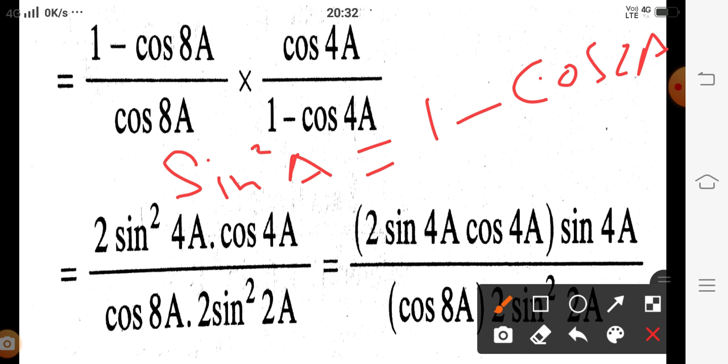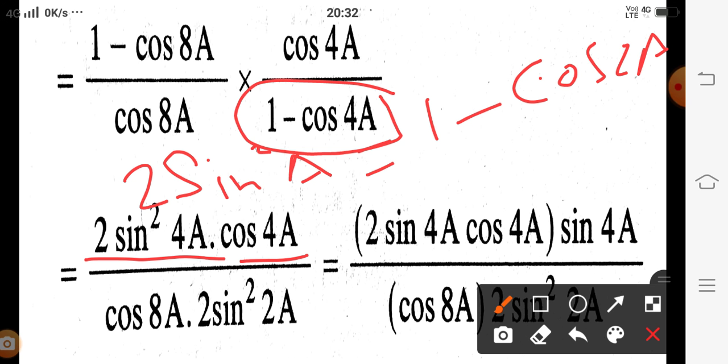Using this concept, 1 minus cos 8a we get as 2 into sin square 4a. Cos 4a we write as it is. In the denominator also we have 1 minus cos 4a.